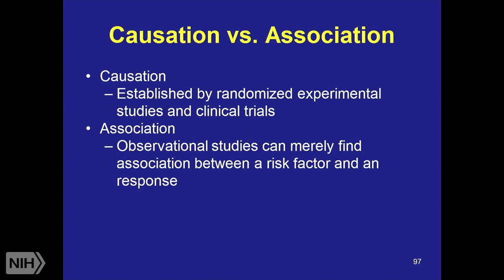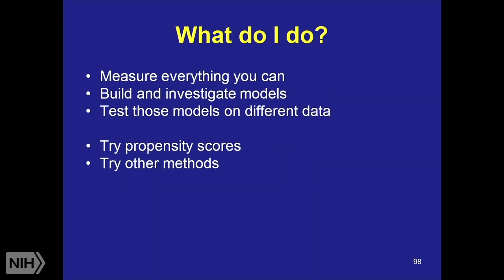You've got causation versus association. Your causation can only come when you have some randomized experimental study or clinical trial involved. Your association can come from a lot of different types of studies, randomized and non-randomized. So, what do you need to do?